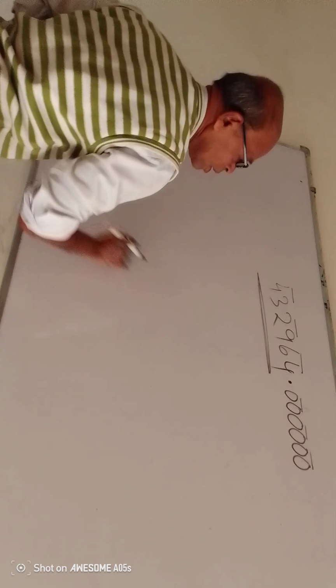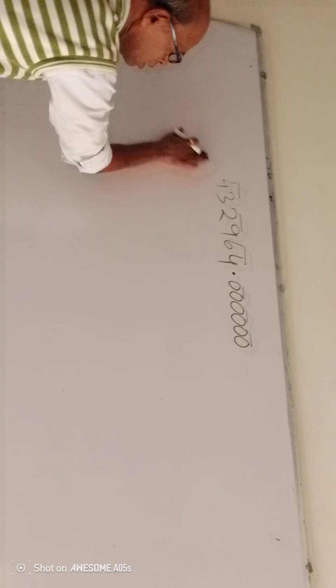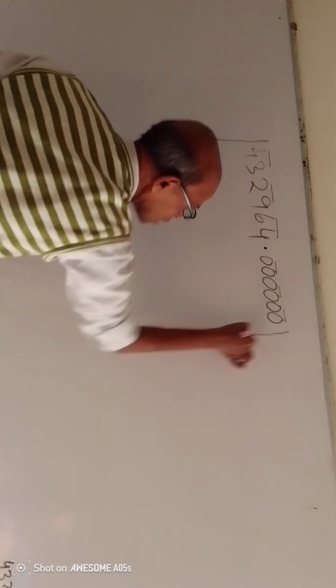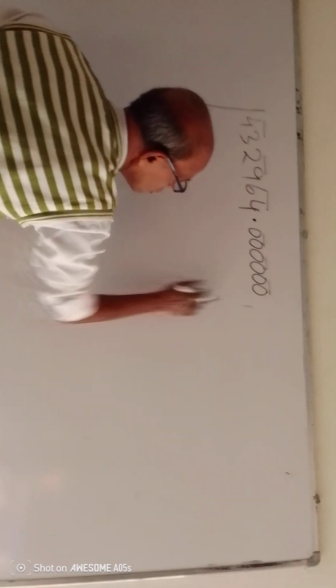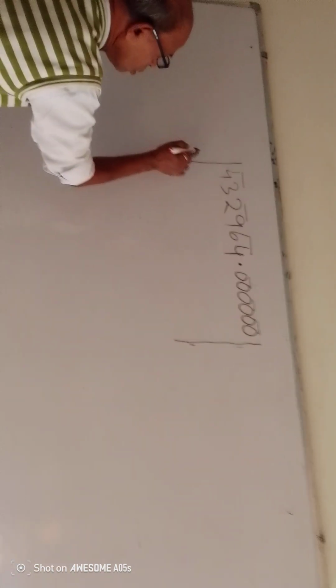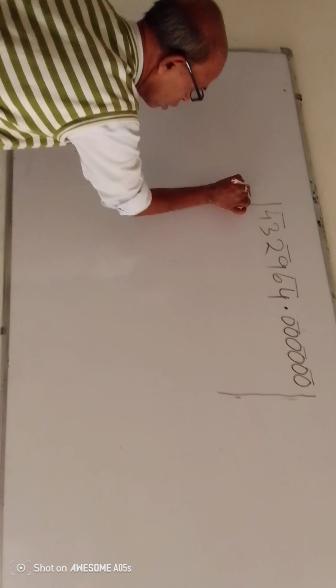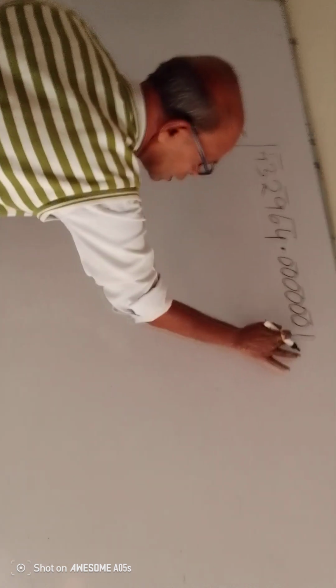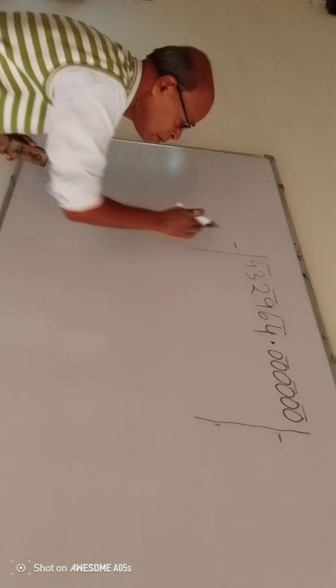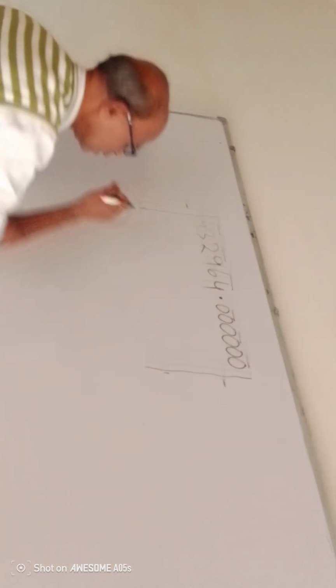Now we will start our division. This division is somewhat different from your general division method. Here we have to write a number and here we have to write the same number. In every step, we have to write the same number on both sides.